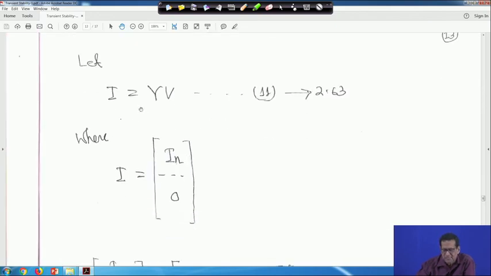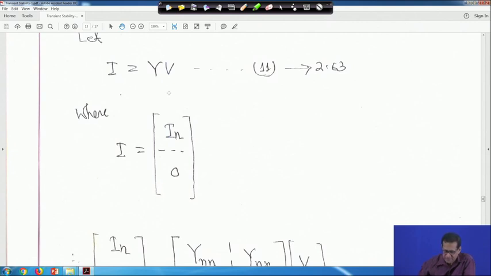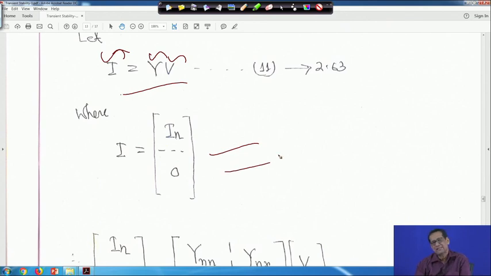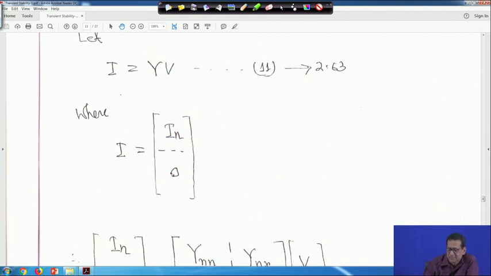Now, we know that in general I is equal to YV, right. It is a phasor quantity, and again and again I have not put a tilde, but it is understandable that all these are phasor quantities. Now, I can be written as In and 0.